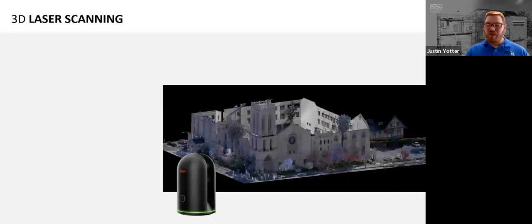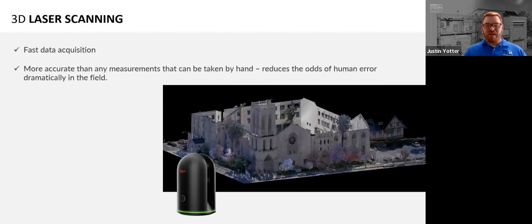The change to a completely new technology and ditching some, if not all, of the traditional methods isn't easy in any industry. And I was admittedly skeptical myself at first, but using LiDAR does allow for fast data acquisition. It's more accurate than any measurements that can be taken by hand, and thus reduces the odds of human error dramatically in the field.